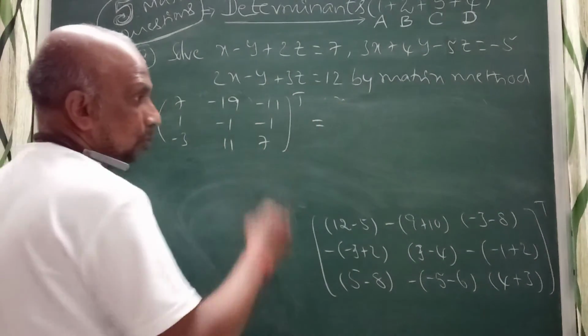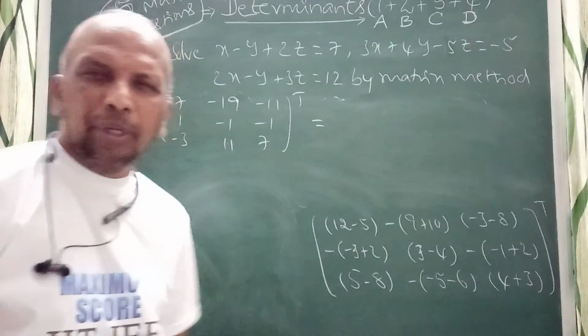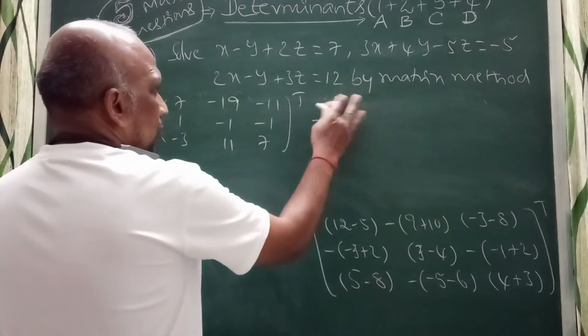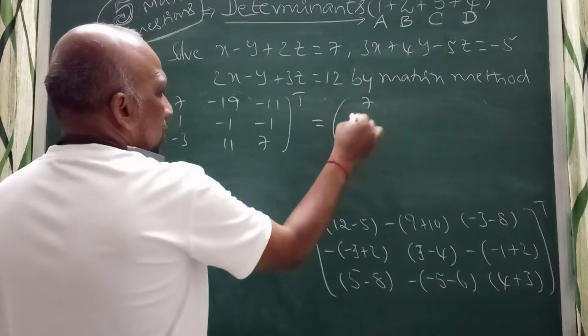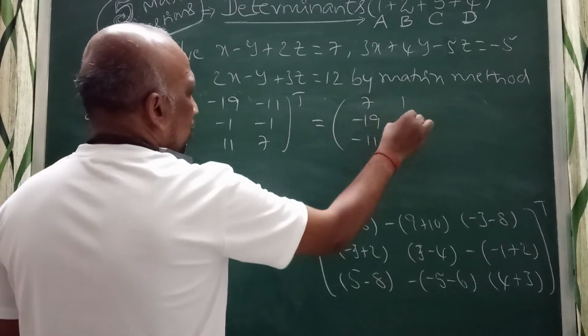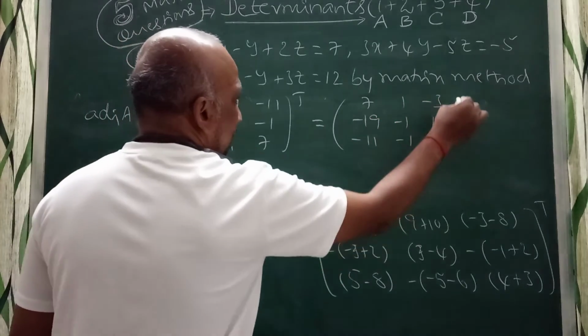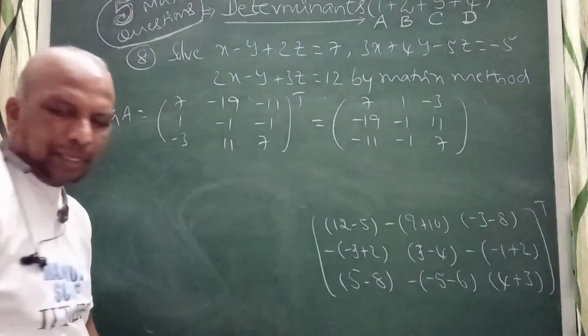Transpose, be careful with the transpose. Most of the people may forget to write the transpose. Write the transpose of this. You will get 7 minus 19 minus 11, 1 minus 1 minus 1, minus 3 11 7. We got this one, right?